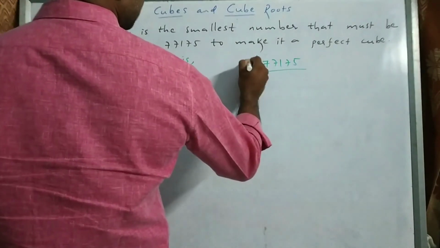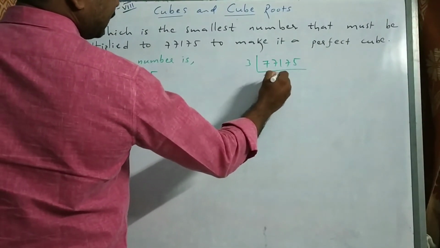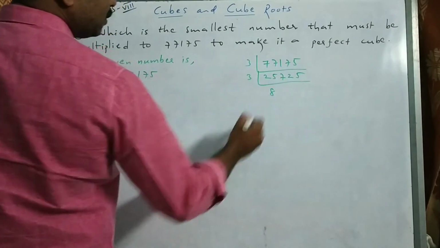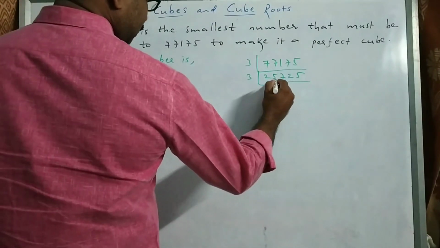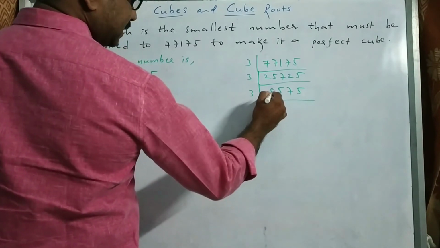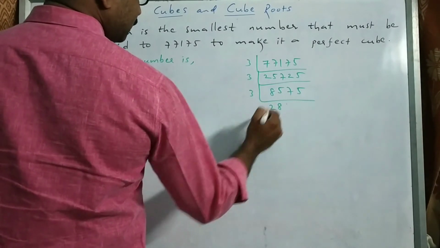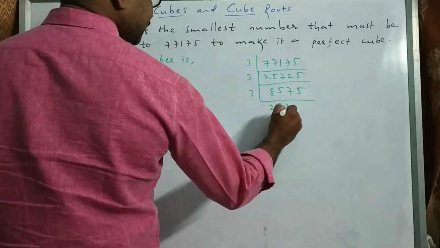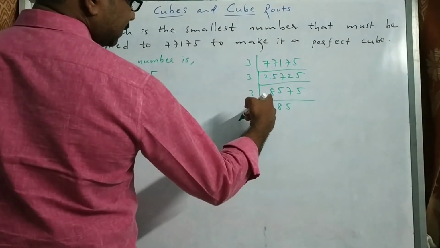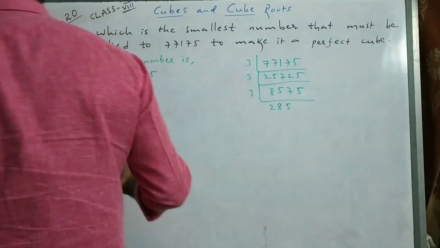77175. 3 table, let us see. 3 2s are 6, 3 5s are 15, 3 8s are 24. Again 3 5s are 15, 3 2s are 6, 3 8s are 24, 25 will not go, I think.